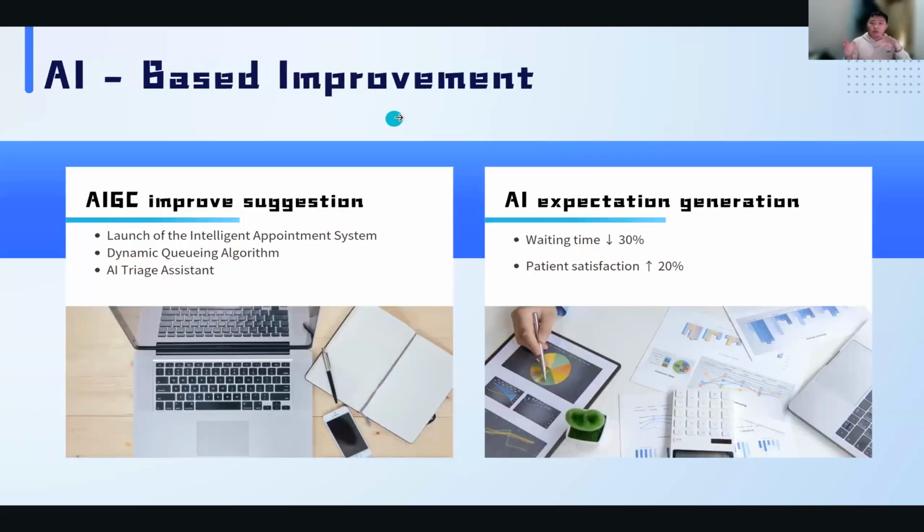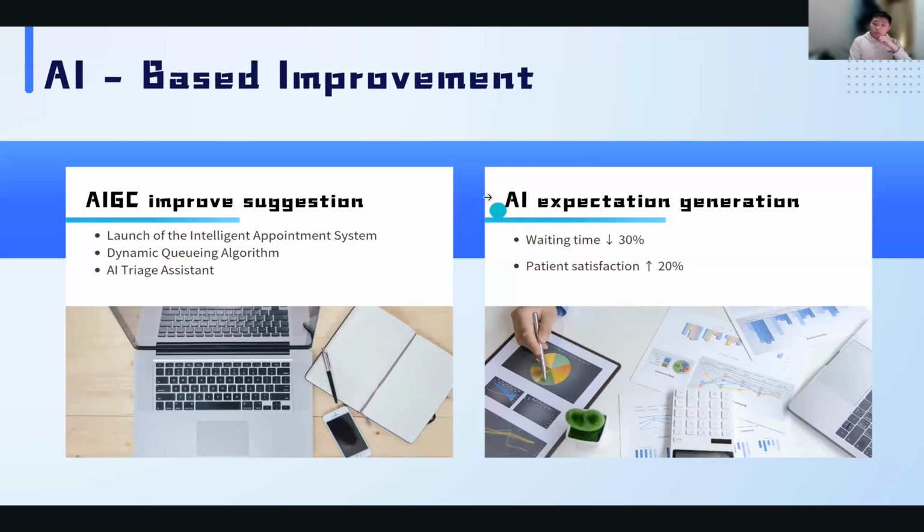And what AI can do is more than that. We can have AI-based improvements. For example, we use AIGC to give us some improvement suggestions. Here are 3 suggestions generated by AIGC, and it said we can launch an intelligent appointment system, build a dynamic queuing algorithm, and add an AI strategy assistant.